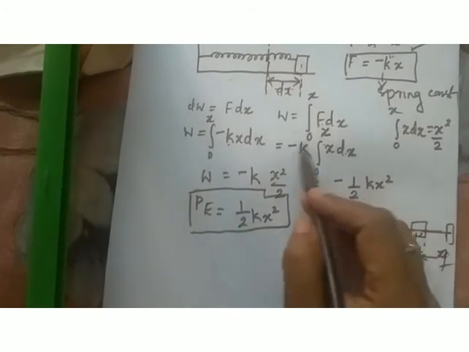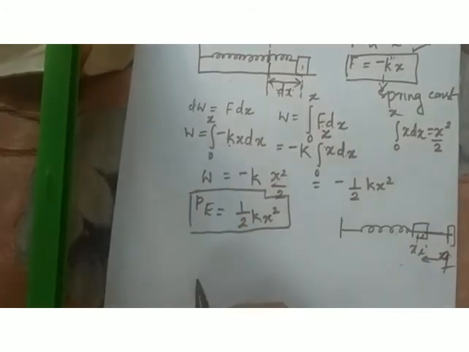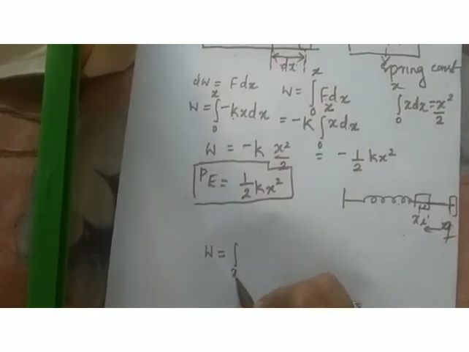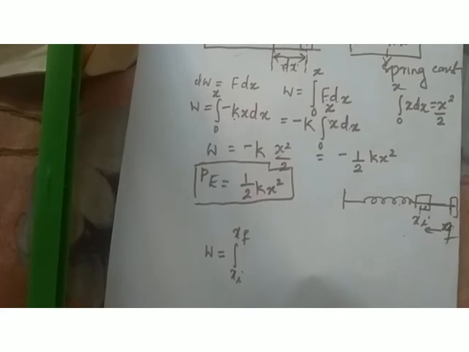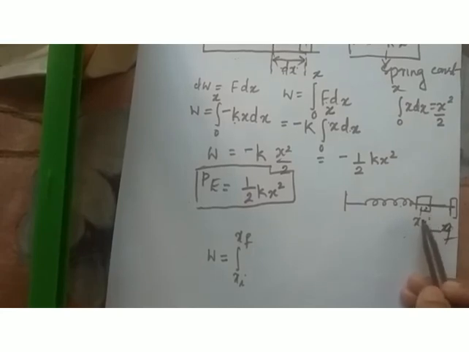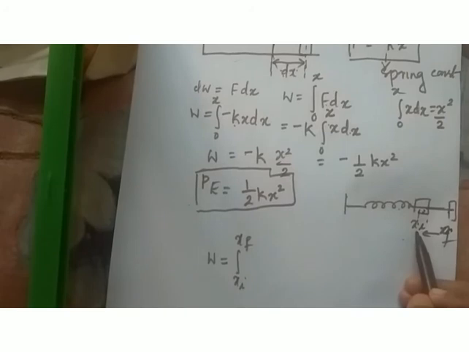So in this case, again we can go back to the expression. Then our total work done will be integral, instead of 0, we can write xi to xf because we are integrating between xi to xf. And again, here we are stretching the spring, or displacing the spring from xi to xf, then again back to xi.